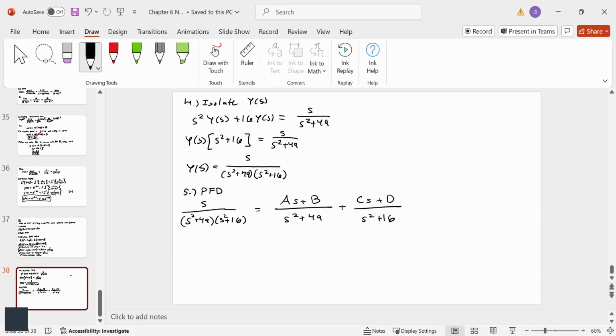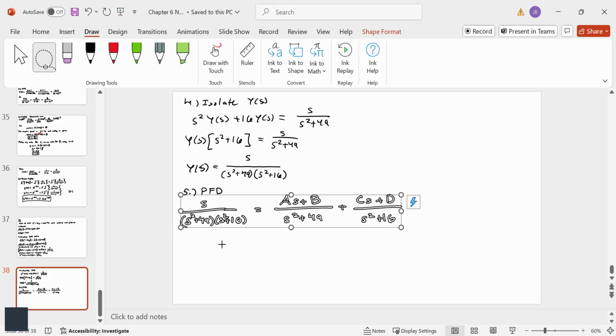So now I need to multiply both sides by the denominators of the left side. In doing so, we're going to get s is equal to (as + b) over (s squared + 49). How do I want to do this? All right, you know what? Because this problem is kind of annoying, I'll just do it all.